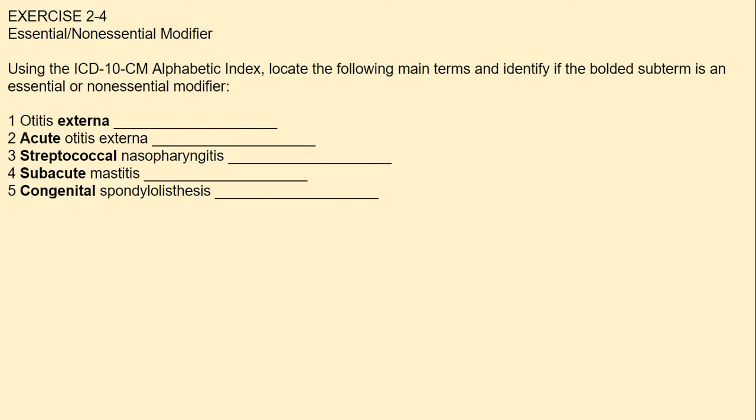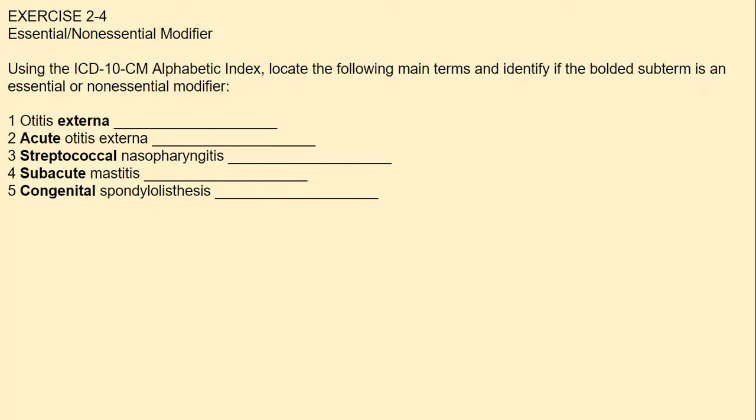So let's look up streptococcal or nasopharyngitis. Y'all do streptococcal. I'm going to do nasopharyngitis.